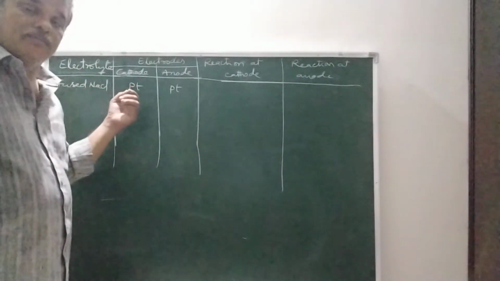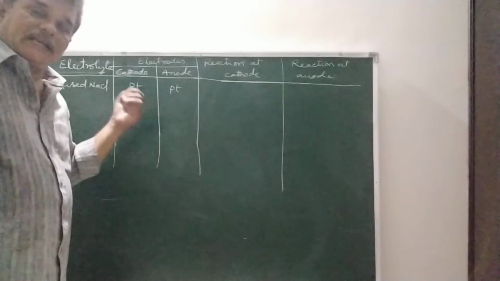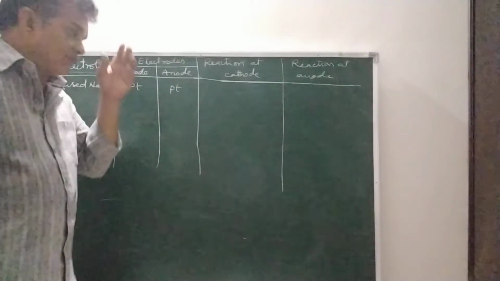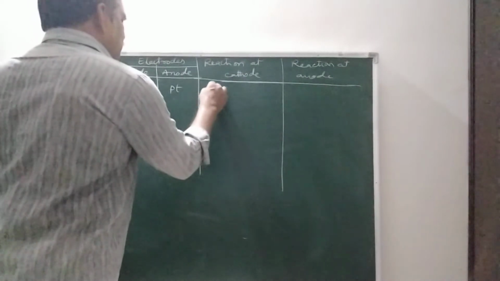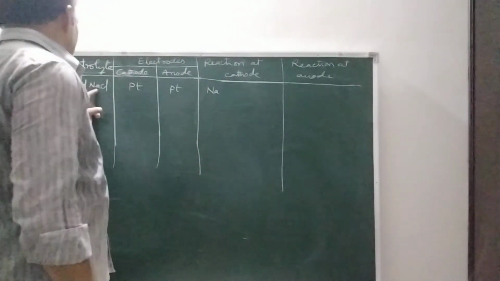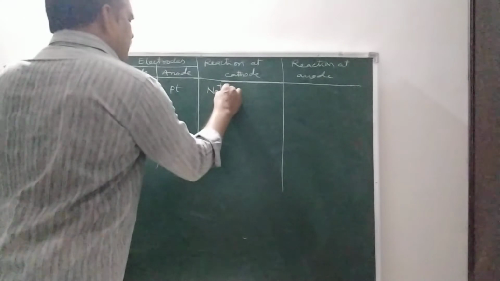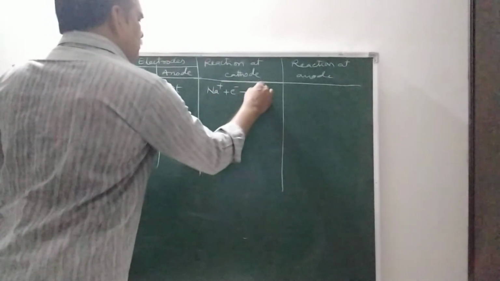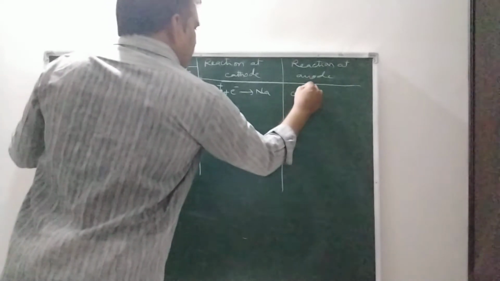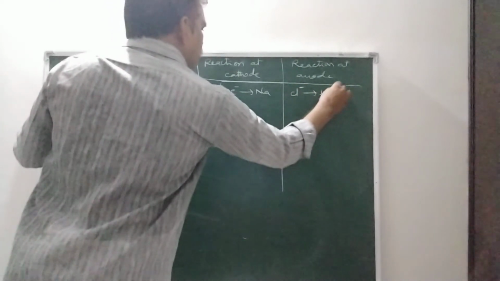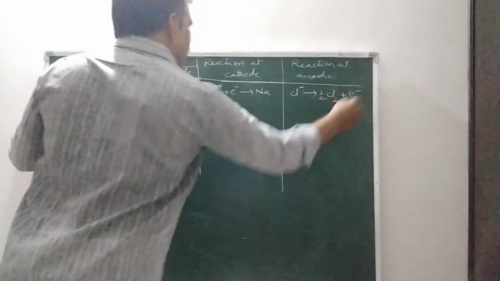That order should be used in the presence of inert electrodes. That must be kept in mind. So, reaction at cathode, Na+ takes an electron and converts into Na. At anode, Cl- converts into half Cl2 plus electron.